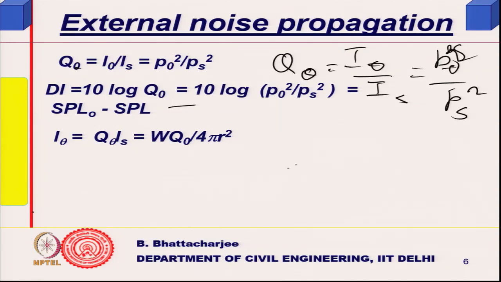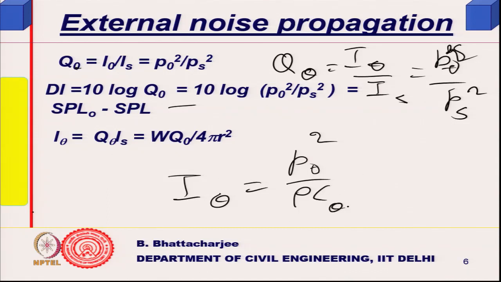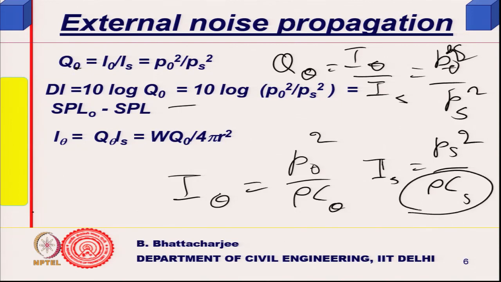Now, there is one thing: I theta is equal to p RMS square divided by rho c theta. Similarly, I s should be p s square divided by rho c s. Now, we are assuming that this will remain the same.